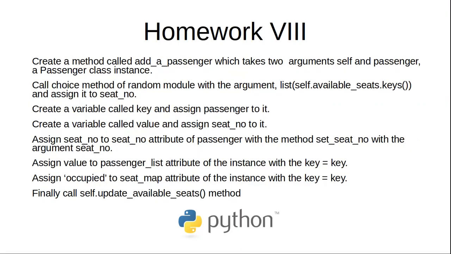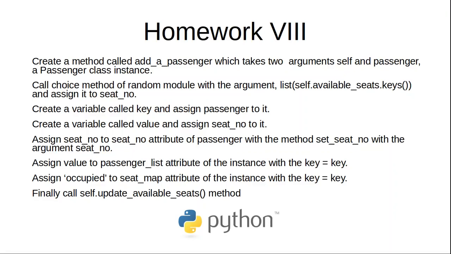Create a method called addPassenger, which takes two arguments, self and passenger, which is a passenger class instance. Call choice method of random module with the argument list of self.availableSeats keys, and assign it to seat number.